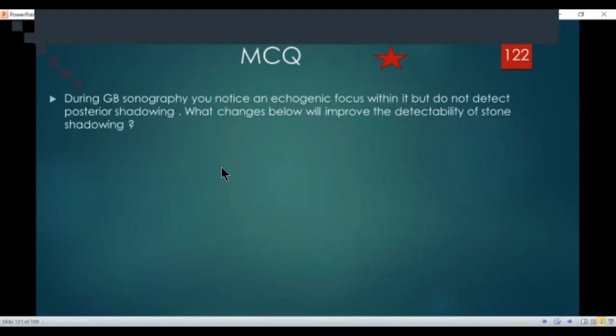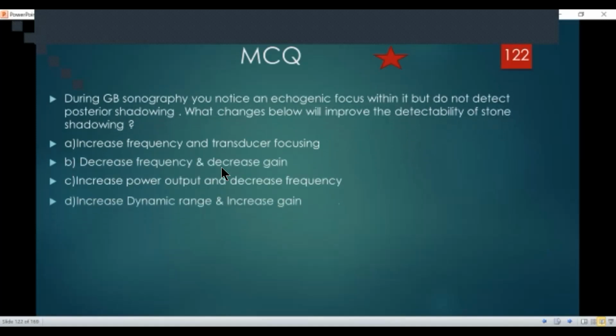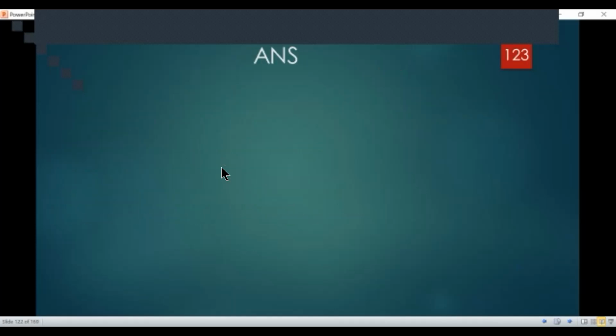During GB sonography, you notice echogenic foci within it but do not detect posterior shadowing. What changes below will improve the detection of stone shadowing? Yes, you have to increase the frequency and transducer focusing.